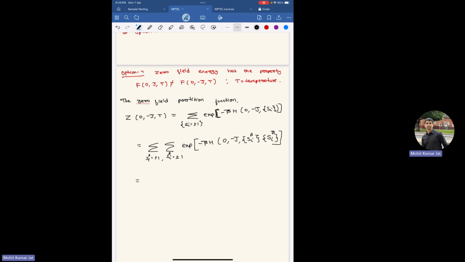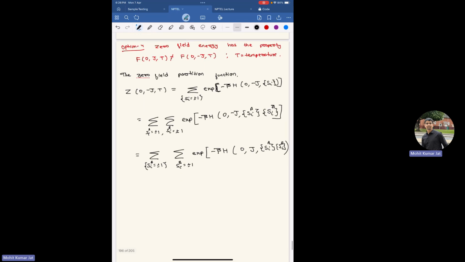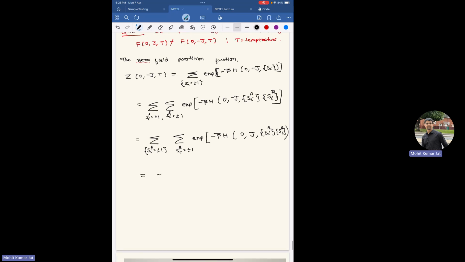And then the summation over Sia equals plus minus 1 and Sib equals plus minus 1 of the exponential of minus beta H0 J Si and Sip. And this implies Z0(J, T).